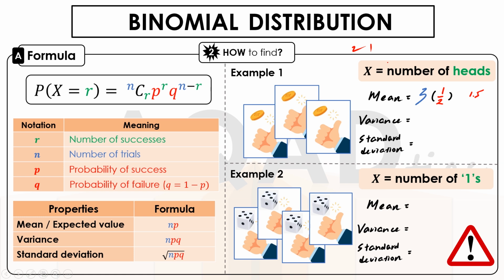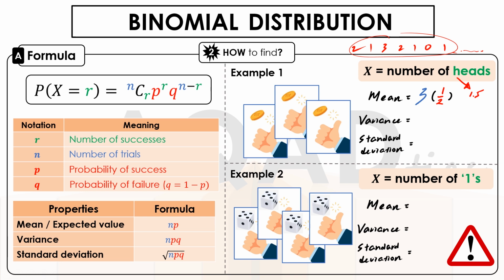And we repeat it a lot of times. So let's say sometimes it's 3, sometimes it's 2 again, 1 again, sometimes 0, 1, and so on. So the average of all of these values is 1.5. So meaning most of the cases we would get 1 head or 2 heads.